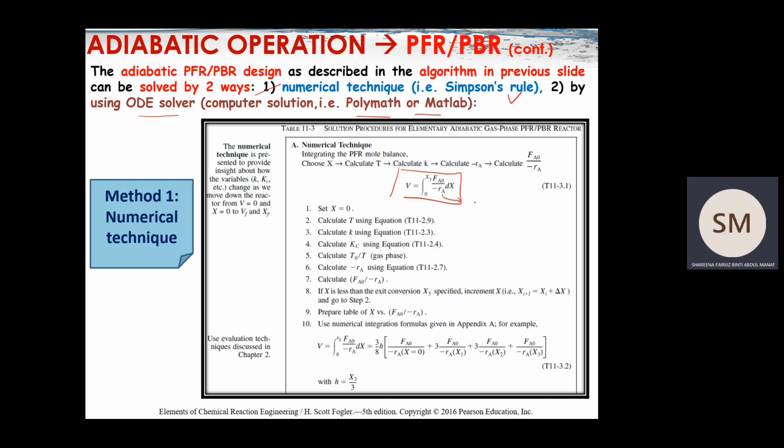So where do we get negative RA from? Negative RA is related with K, which is K times CA naught times 1 minus X, minus X over XC over KC, times T naught over T. So in order for you to use this equation, you don't have the T. So this T, how do you get it?